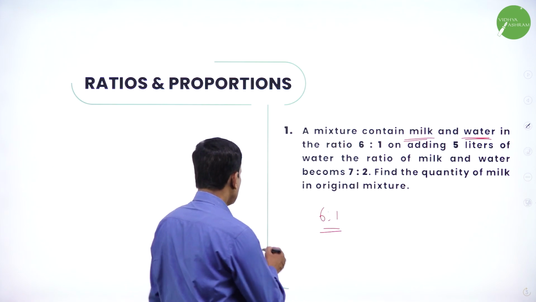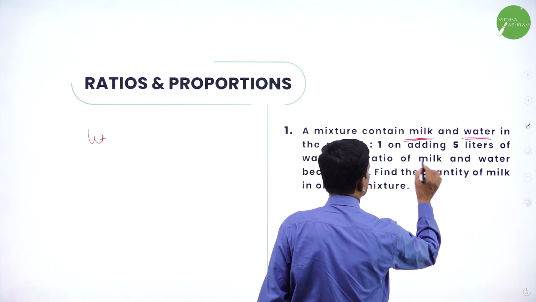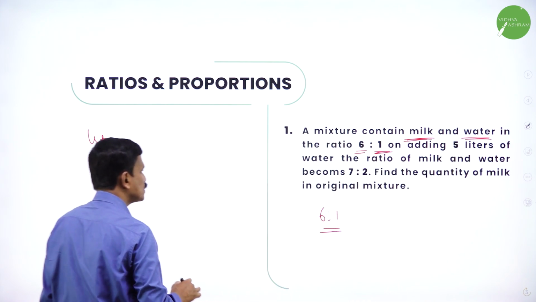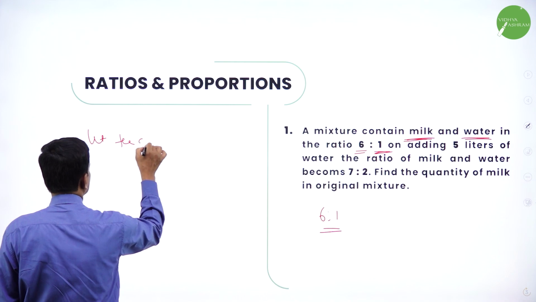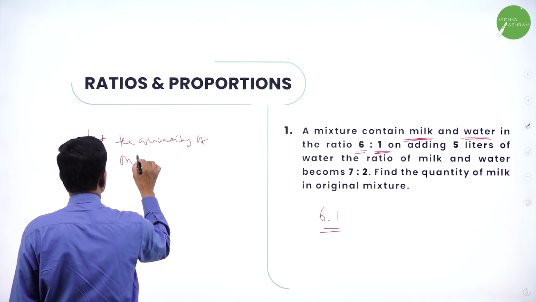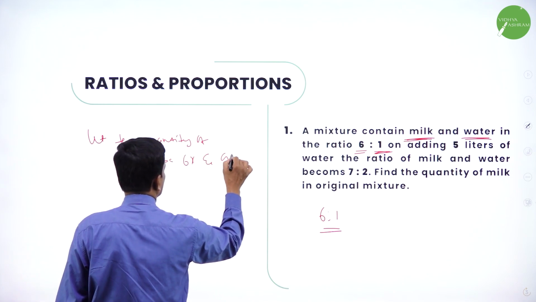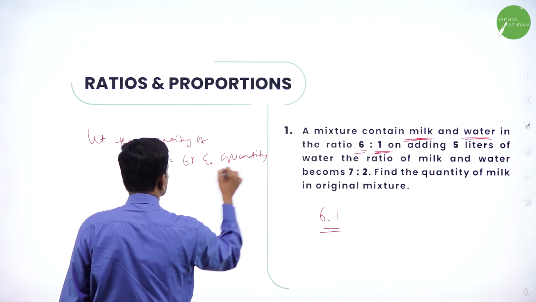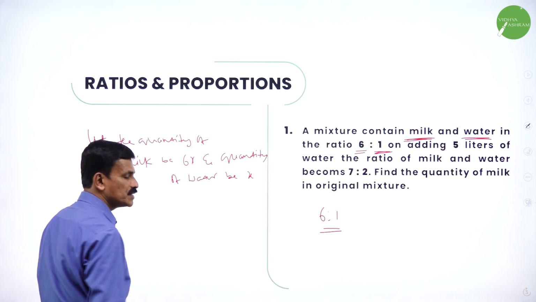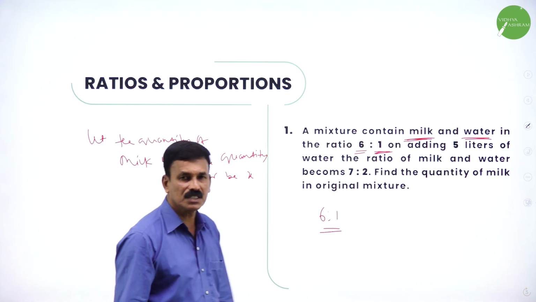Now let the quantity of milk be 6x and the quantity of water be x. So what is given, 6 is to x, means let the quantity of milk be 6x and the quantity of water be x.